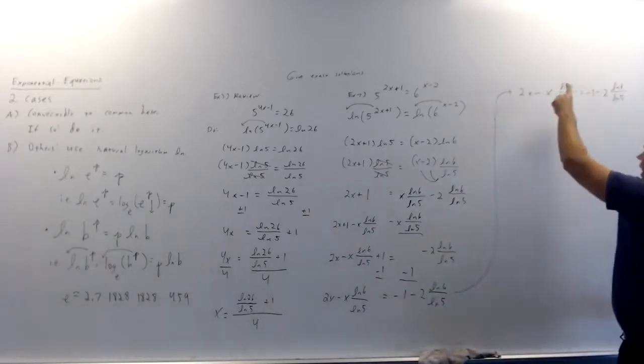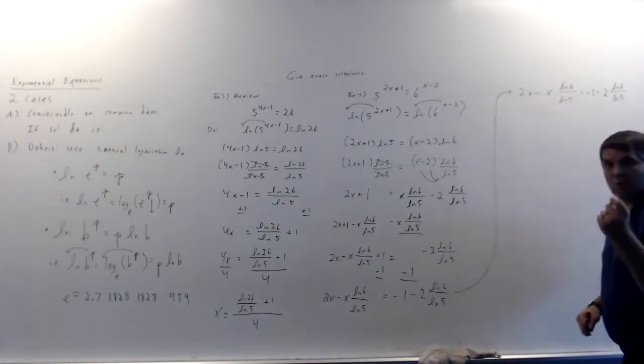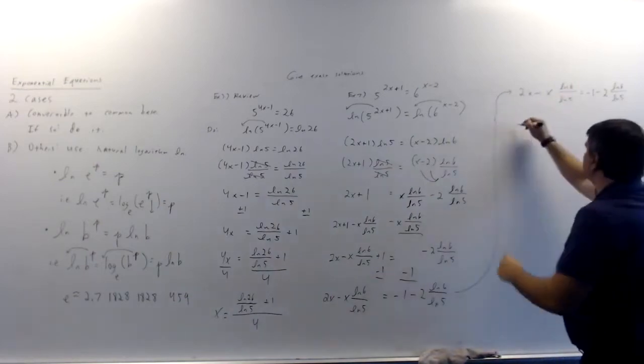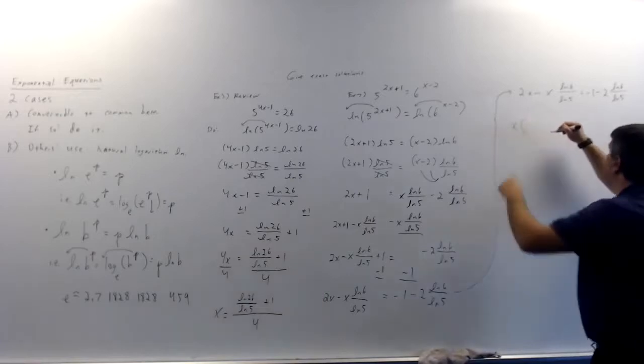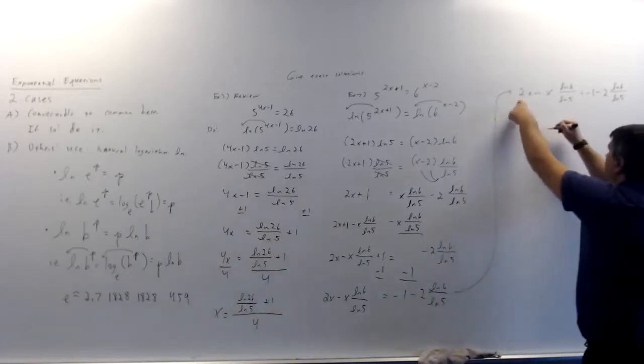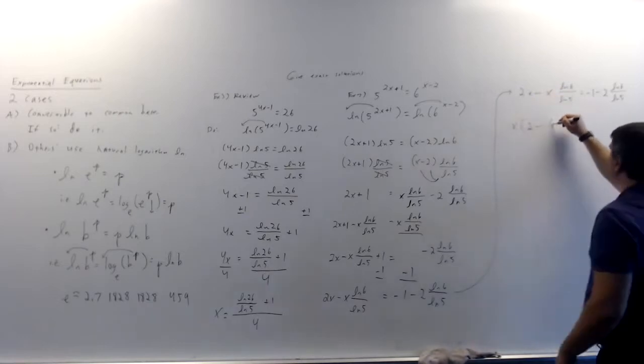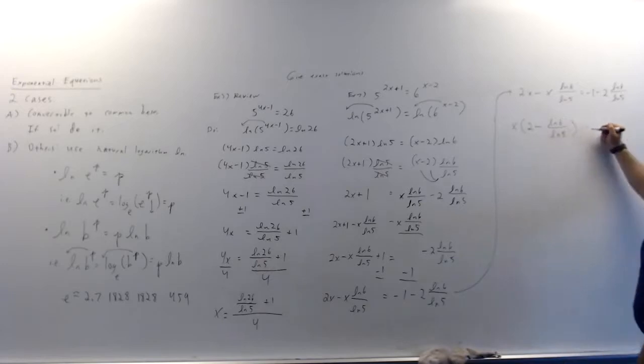Now, I want to get one x out of everything. So I'll go ahead and factor an x out of this. So that would leave me 2 minus natural log of 6 over the natural log of 5 equals negative 1 minus 2 natural log of 6 over the natural log of 5.